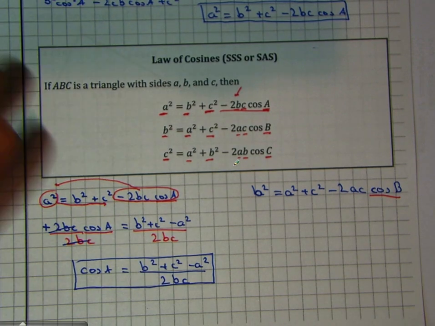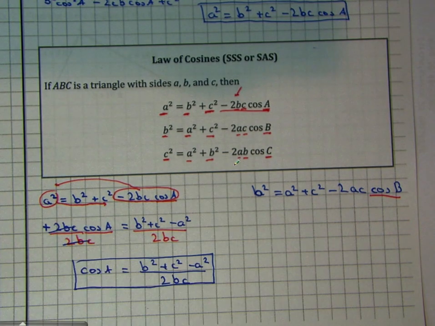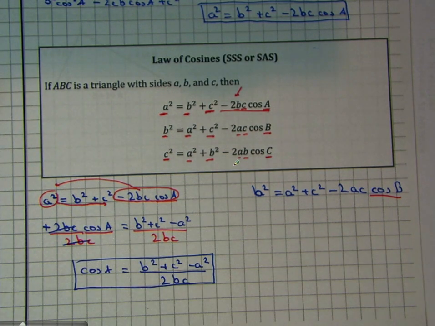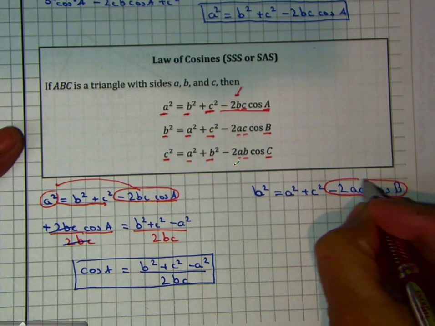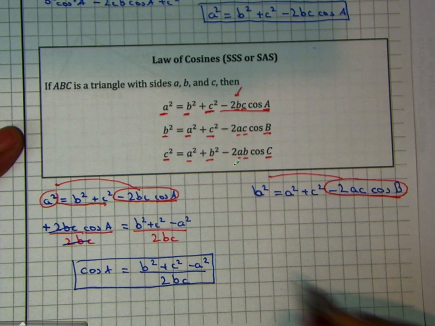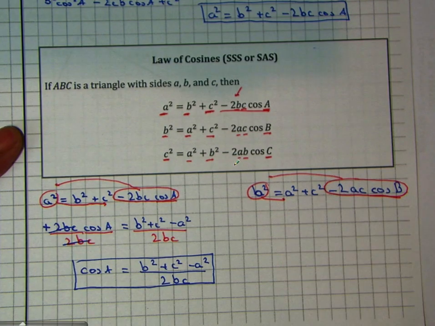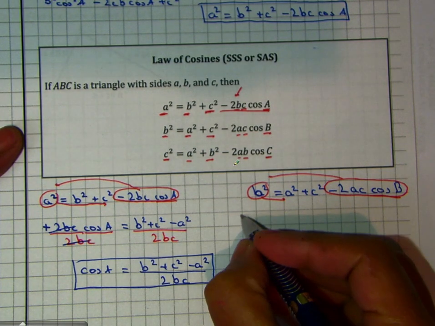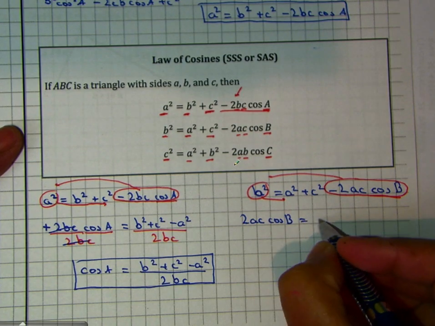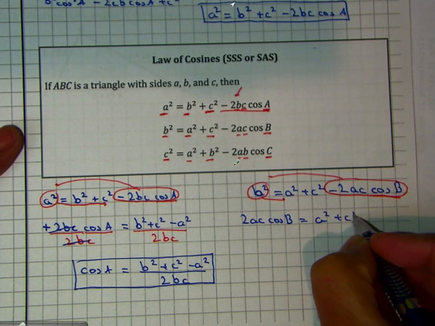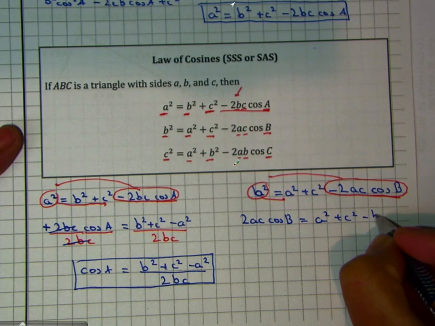Excellent. So I'm going to solve for cosine of B. I'm going to move this term to the left, and my B squared to the right. So I end up with 2AC cosine of B is equal to A squared plus C squared, and that becomes a negative B squared.